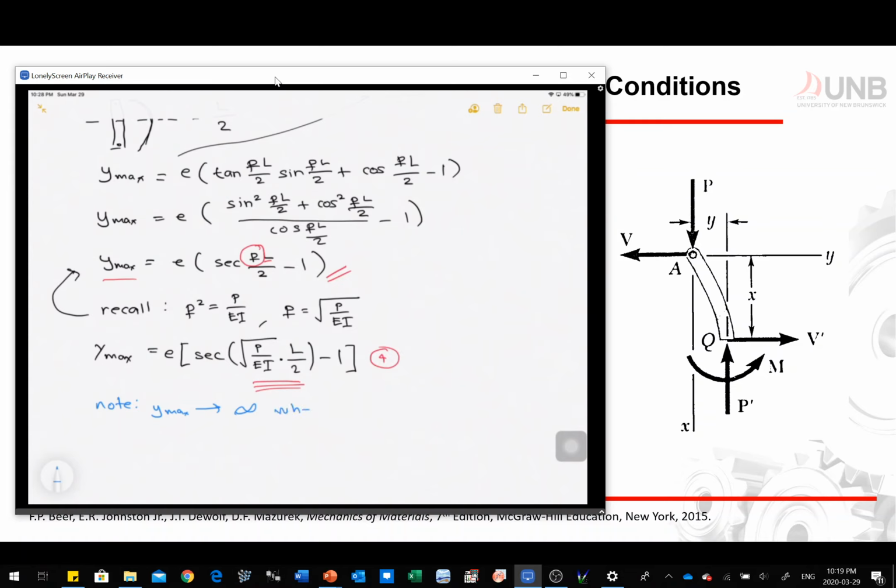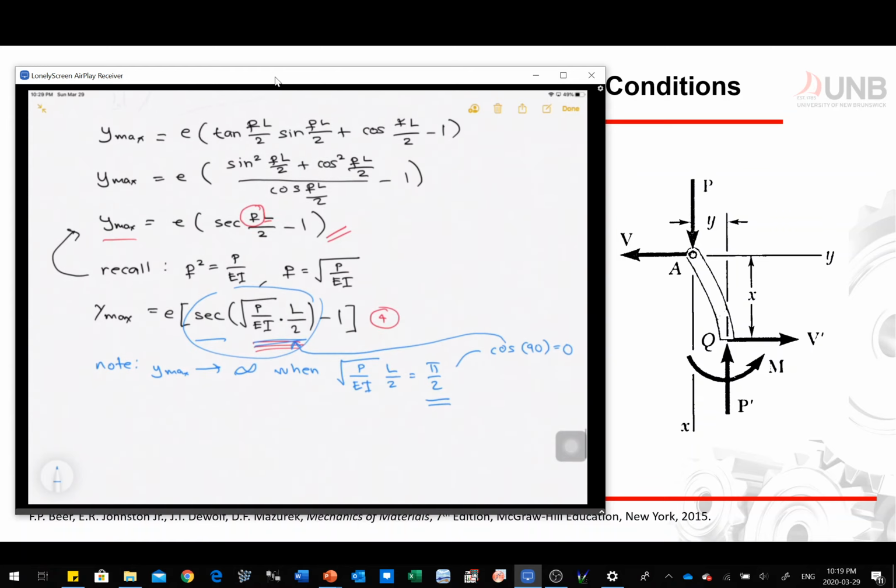But when this part of the equation, square root of P over EI times L over 2, is equal to pi over 2, take note that this is secant of this angle in radians, which means that this is your 90 degrees. Your cosine of 90 degrees is equal to 0, and your secant is the inverse of that 0, which means this quantity becomes infinity. But in reality, it does not necessarily go to infinity, but it becomes large, so we want to avoid it.